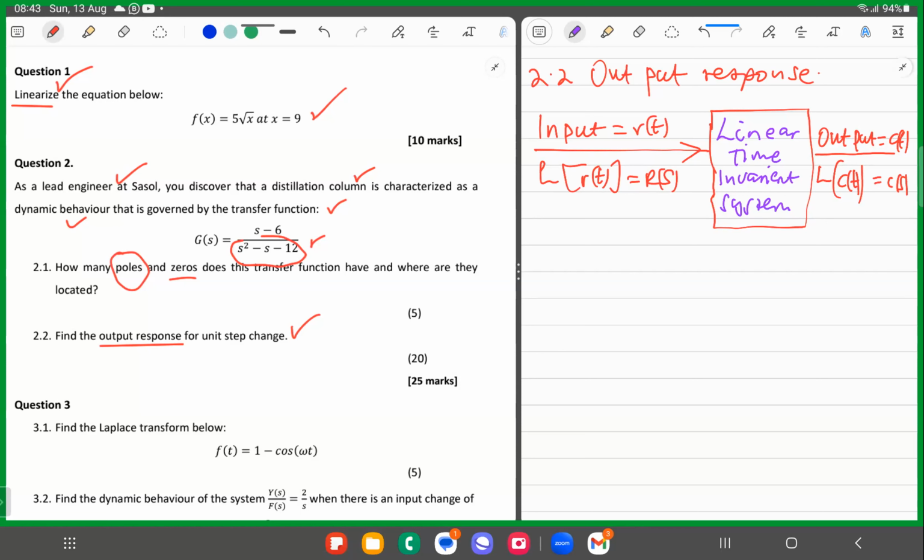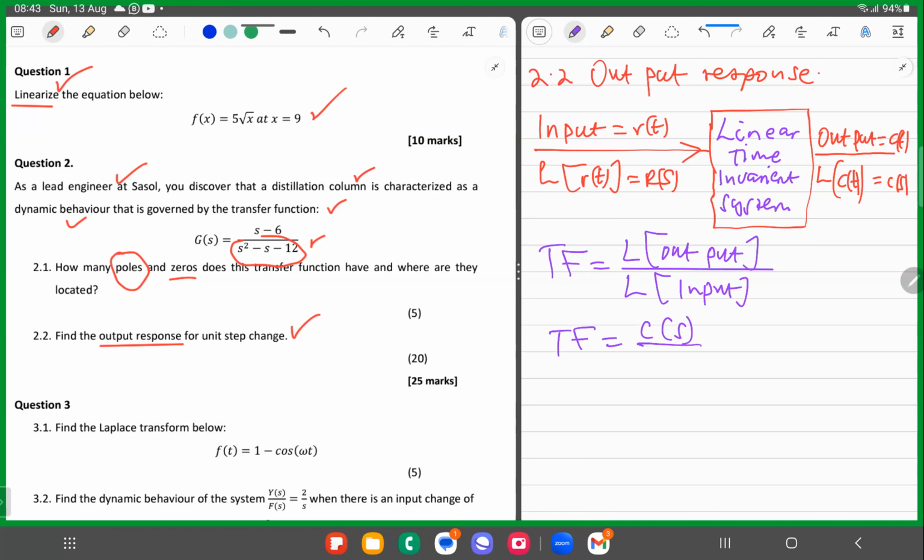In other words, the transfer function can be seen as the Laplace transform of the output divided by the Laplace transform of the input, which means the transfer function is C of s divided by R of s.